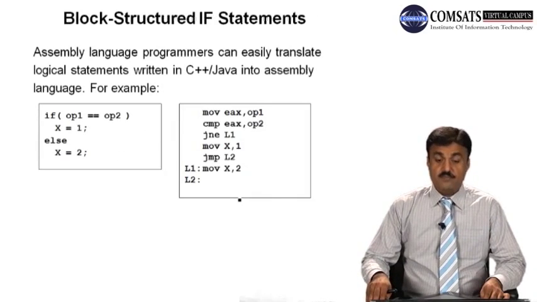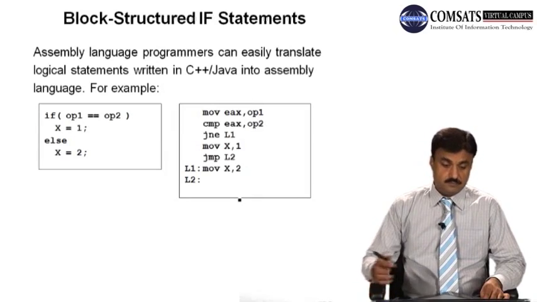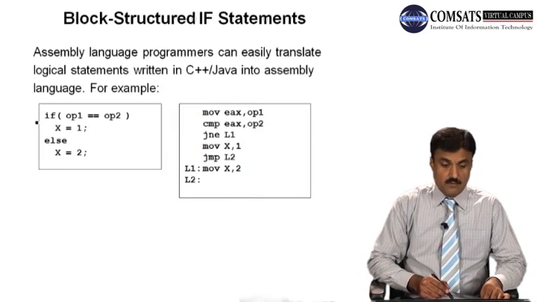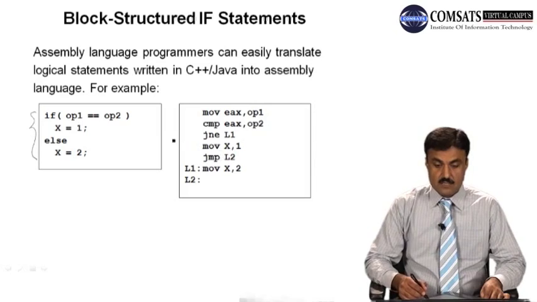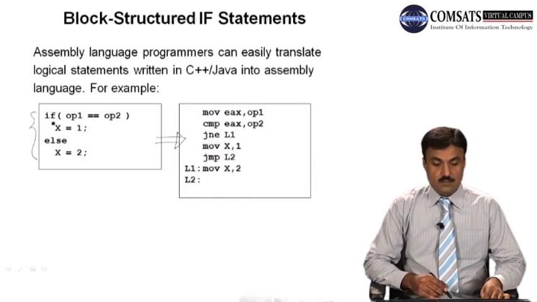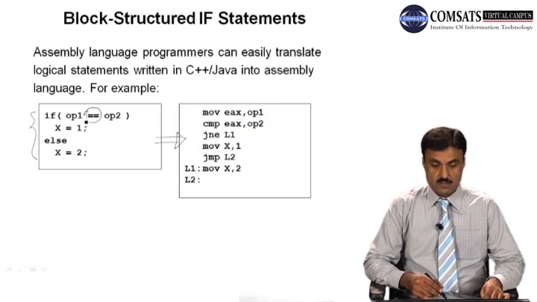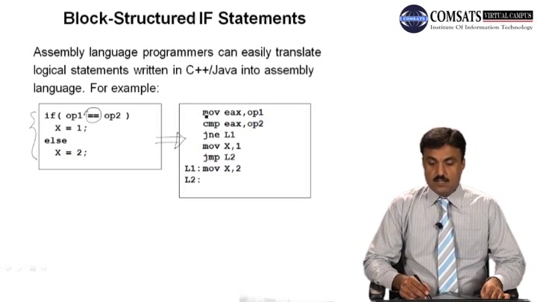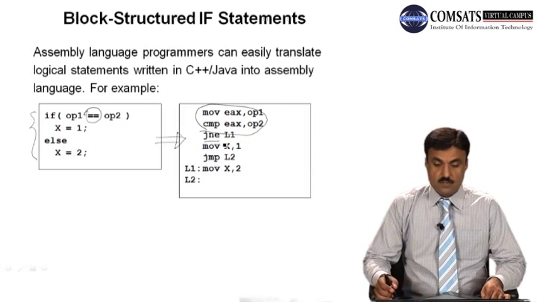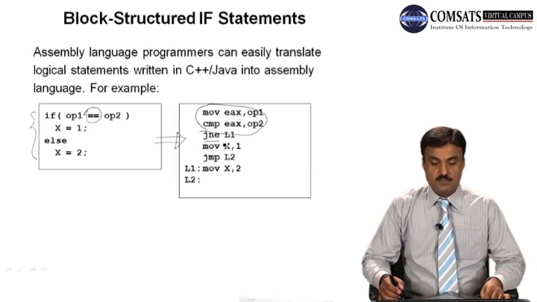So this is the IF structure, or the block structured IF statement. Here we write in high-level languages, for example, as we discussed in the previous class. The same block structure IF can be converted into assembly. So here the logic is if operand 1 is equal to operand 2, or here it can be any relational operator, less than, greater than, and so on. We compare these two, operand 1 and operand 2, and then jump not equal, or whatever condition we use here.